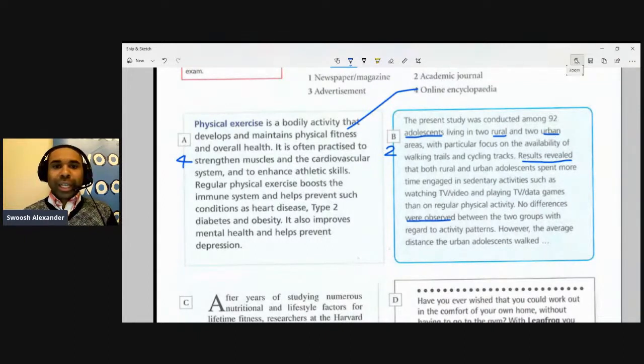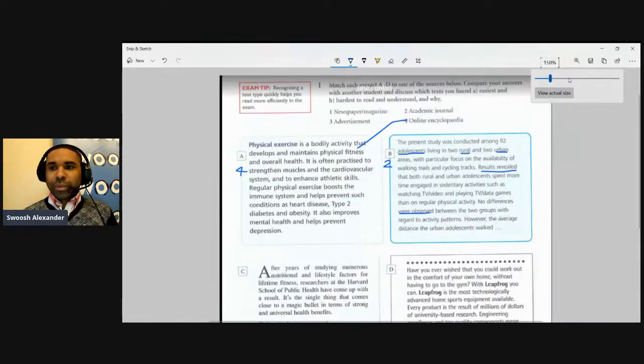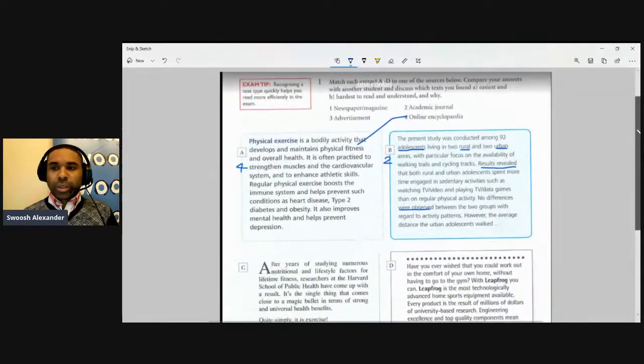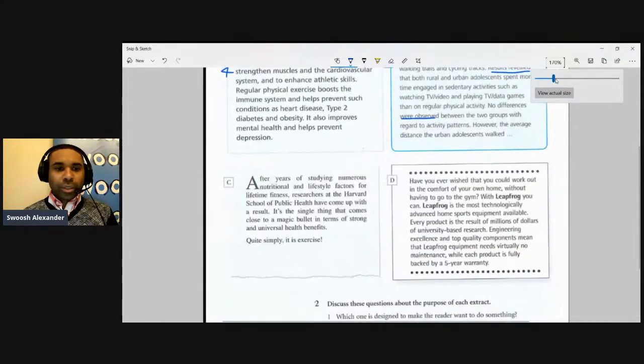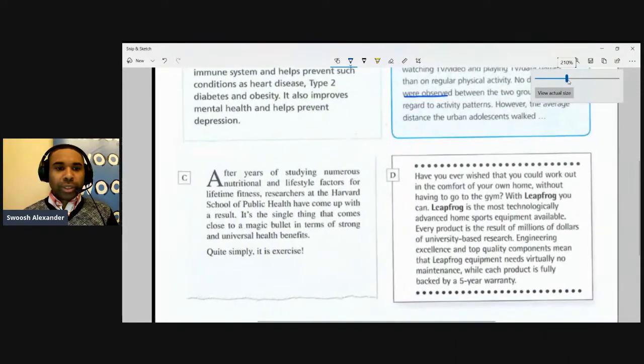And if we have a look at 3, let's just reduce it so we can see it. Scroll down a little bit. So for C, after years of studying numerous nutritional lifestyle factors for lifetime fitness, it's a single thing that comes close to a magic bullet. Quite simply, it is exercise.